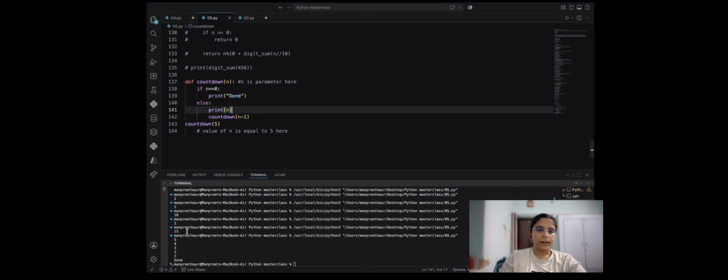No, so 3 is printed here. Then again 2 is checked, is this equal to 0? No. In this manner it continues. What happens if I write 10?